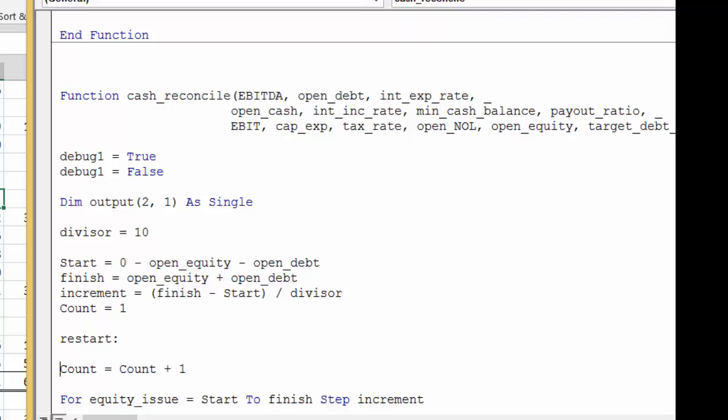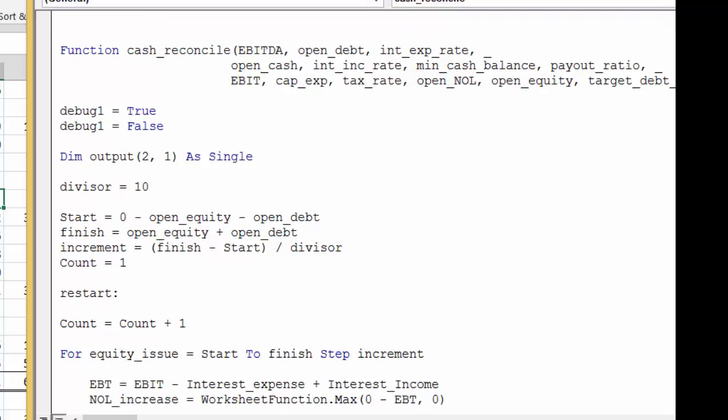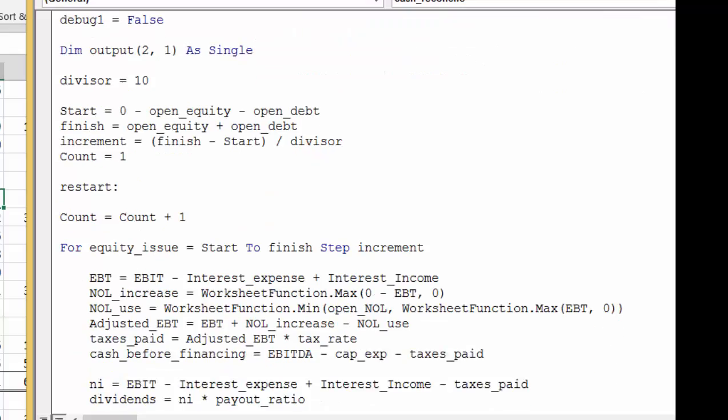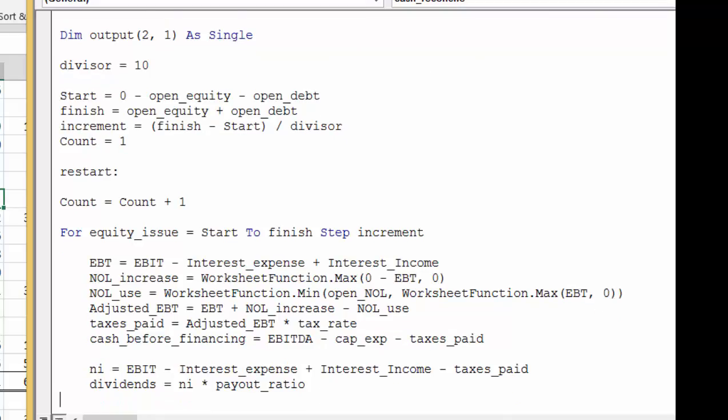Okay, now let's just review what we've done. The start is a minus, and the finish is a plus, so we have a very big increment. Divisor is only by 10, so it's a very big number. The equity issue is a very big negative number at first, which means that the debt to capital will be a really high number.